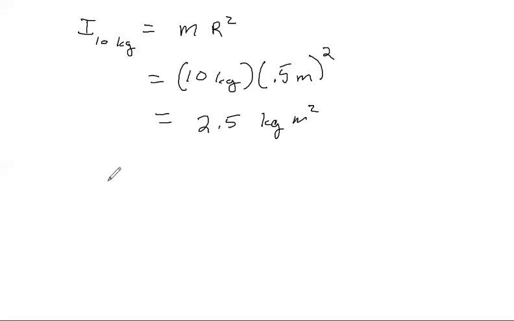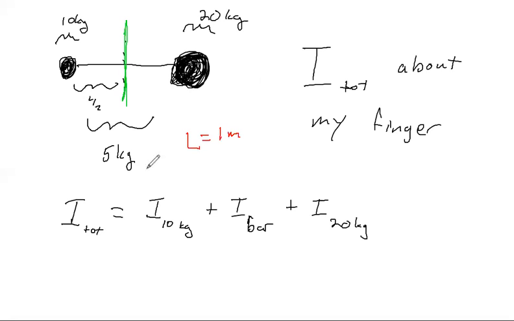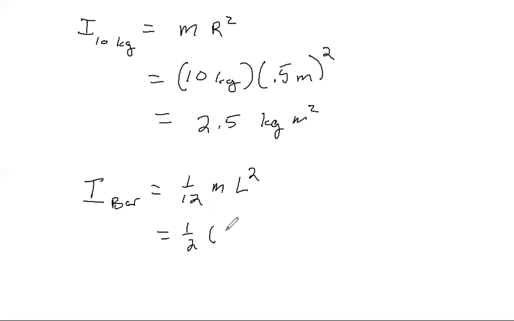The moment of inertia of the bar, well, that's a bar rotated about its center. That's going to be 1/12 the mass times the length squared, the total length. So that's going to be 1/12 times the mass of the bar, which I said was 5 kilograms, times the length squared, which I said was 1 meter squared.